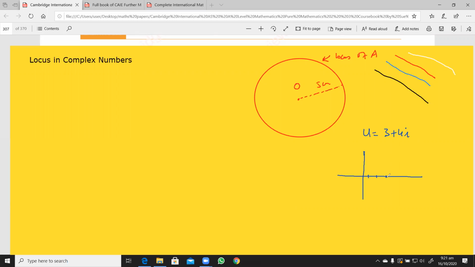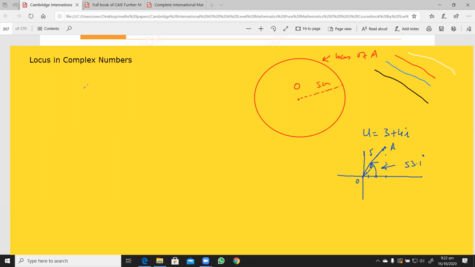This is 1, 2, 3, 1, 2, 3, 4. So here is a point A which is representing this complex number 3 plus 4 iota. What is this length OA? That is 5, which is the modulus of this complex number. You can even tell what this angle is, I think that is 53.1 degrees, and that is the argument of this complex number, 3 plus 4 iota.